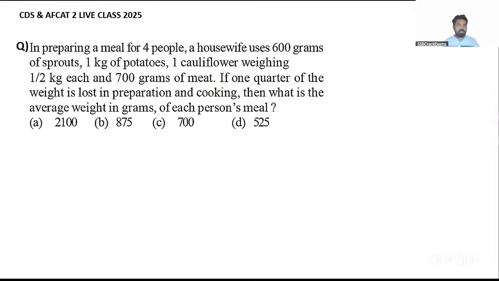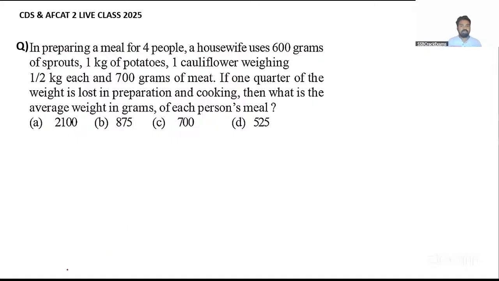In preparing a meal for four people, a housewife uses 600 grams of sprout, 1 kg of potato, cauliflower being half kg, and 700 grams of meat. If one quarter of the weight is lost in preparation and cooking, then what is the average weight in grams of each person's meal?